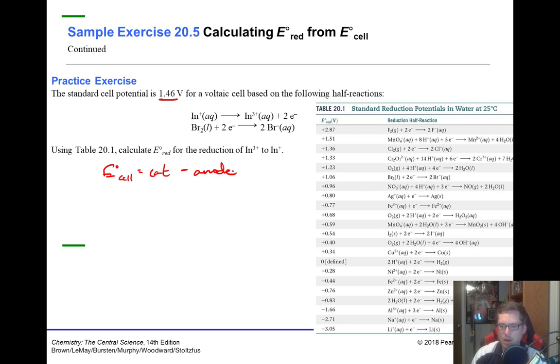Remember, OIL RIG, An Ox, Red Cat, so we can figure out which one's being oxidized. Oxidation is losing, so this indium is losing, so it's oxidized, which means it's the anode. So it's a little different. And the bromine is gaining, so it's being reduced, which means this is the cathode.